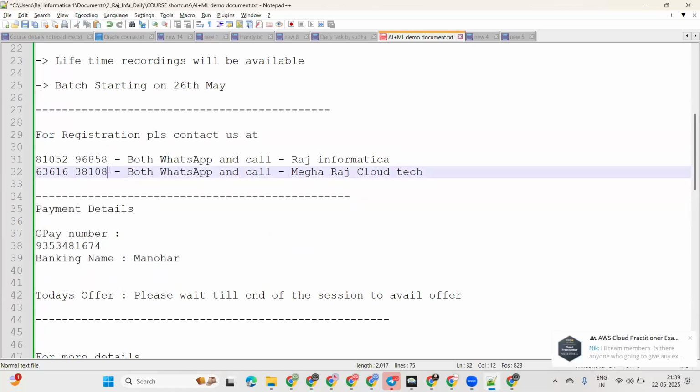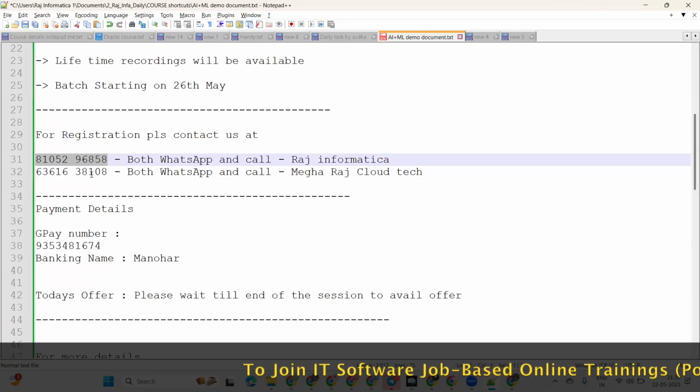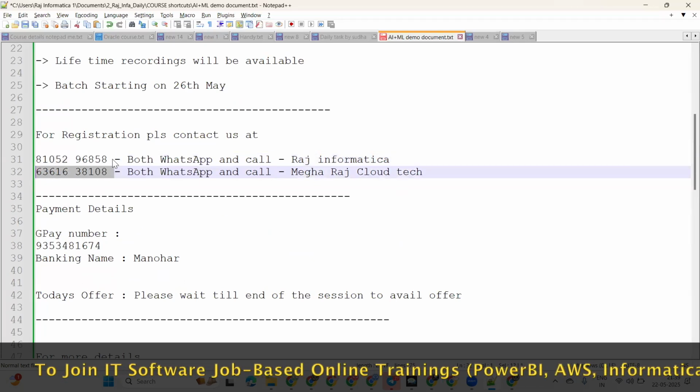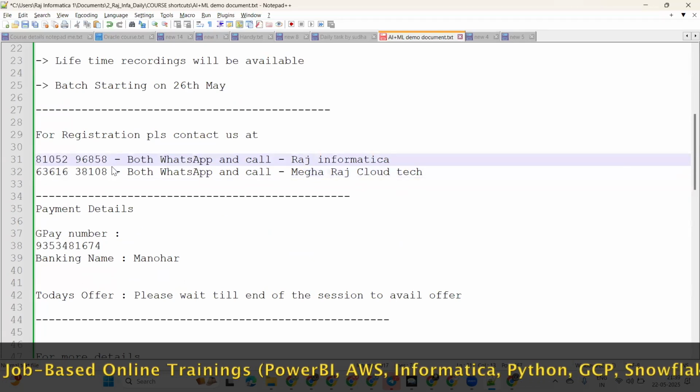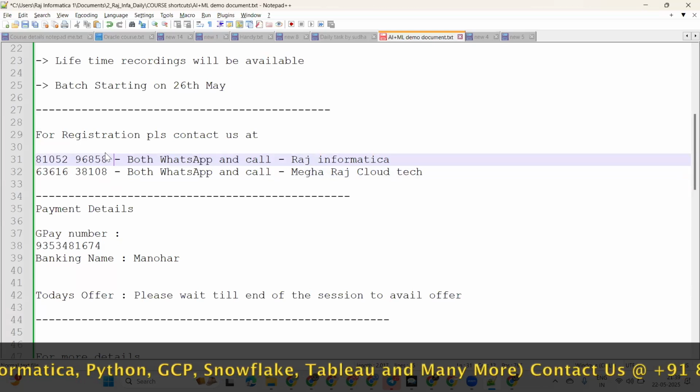If you receive any detail about any course from these two numbers, then you can believe that this information is genuinely from Raj Cloud Technologies. If you want to cross check, you can call either of these two numbers and ask us about whatever information you have received on your WhatsApp from any other numbers. So these are our two official WhatsApp numbers and calling numbers.